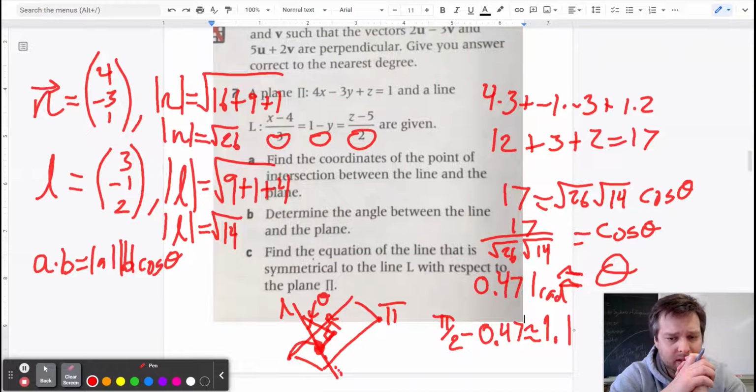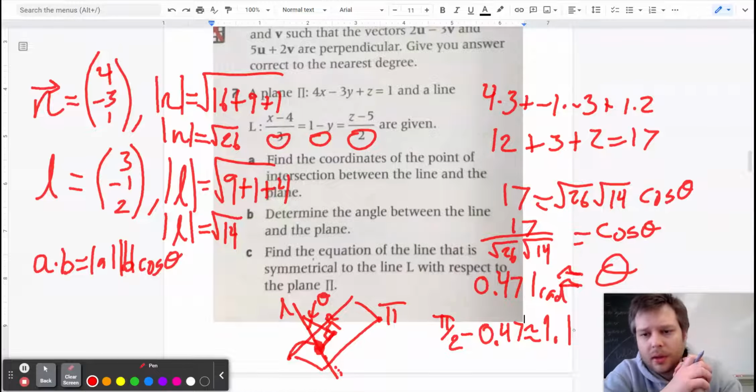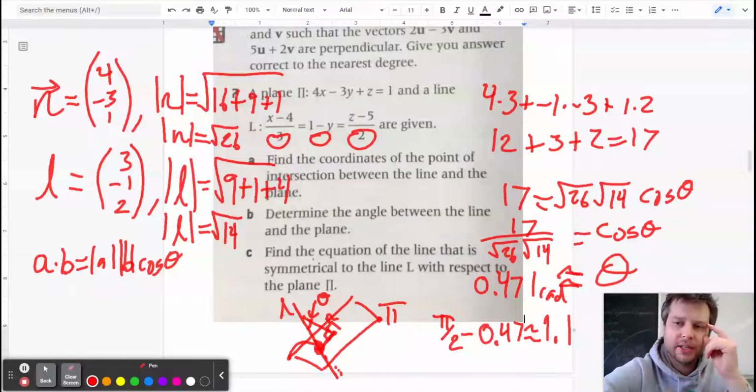What that means is it's going to have the same angle, but it's going to be pointing in the other direction. It'll have that same point of intersection that we had before. I'm going to pause for a second and just think about it.